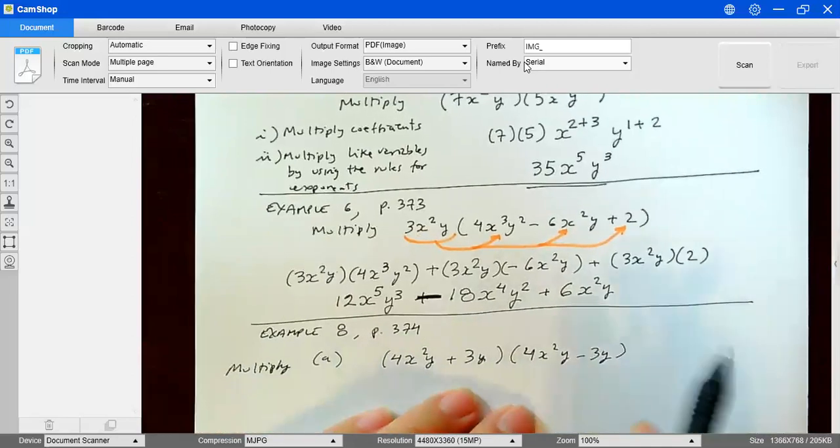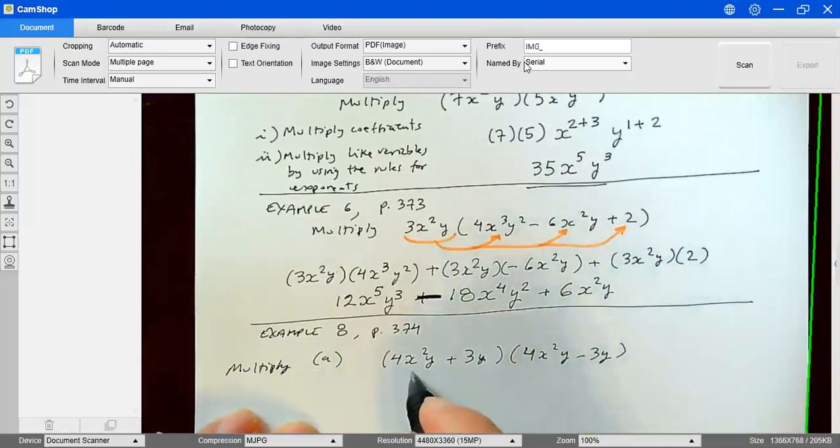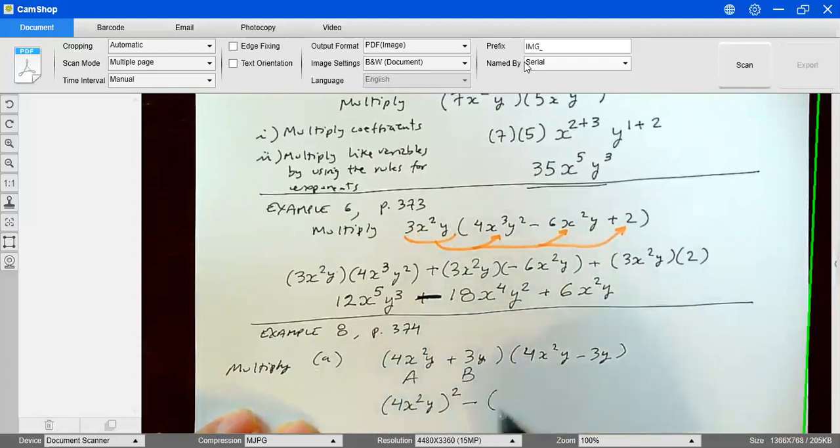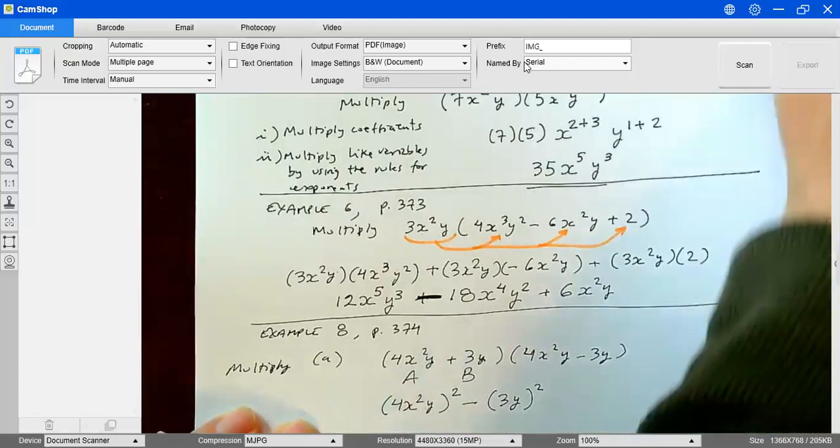So the shortcut is just, this is A and this is B, so we're going to square the first term and then minus the square of the second term. So this is going to be 4 squared because this exponent affects every factor inside of the parentheses.